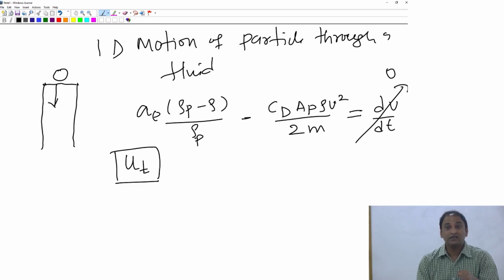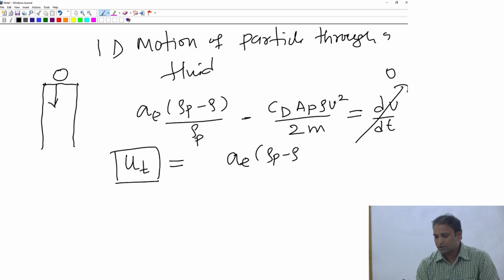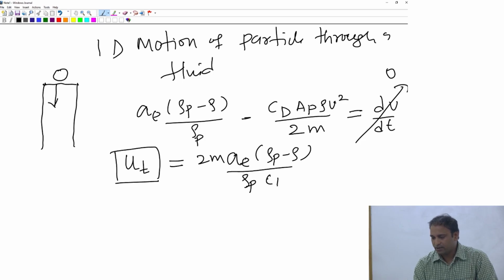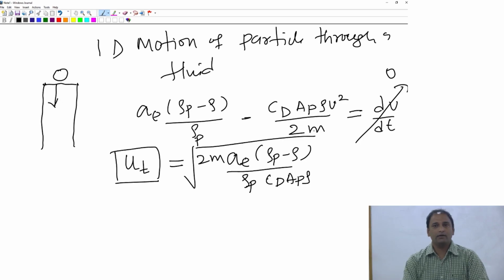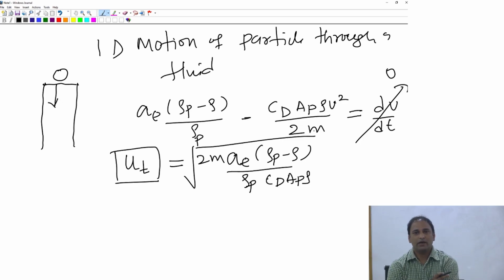People also call it the terminal settling velocity, and we obtained it as the square root of a_E times (rho_p minus rho) divided by rho_p, into 2 times m, divided by C_D A_P into rho. That's what we had developed.